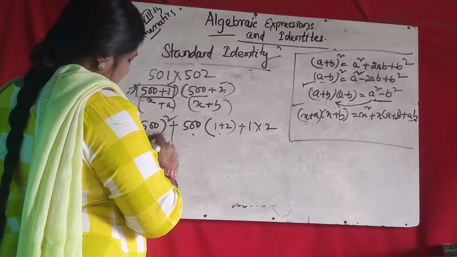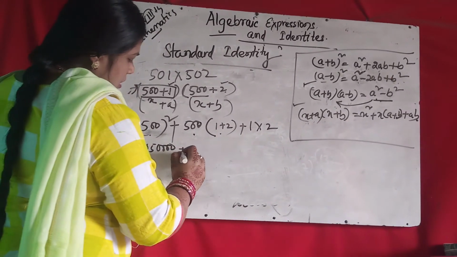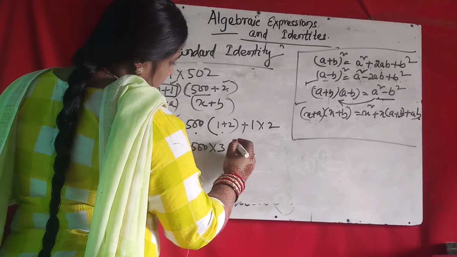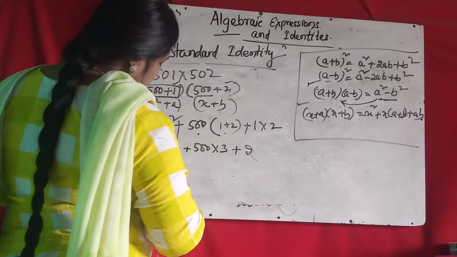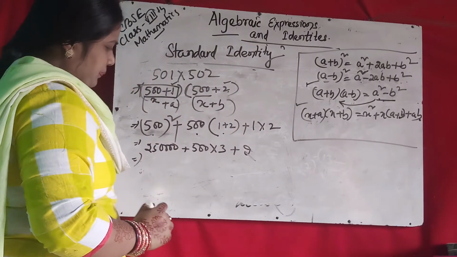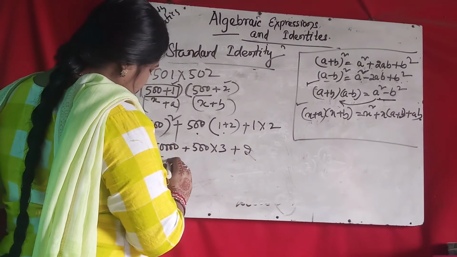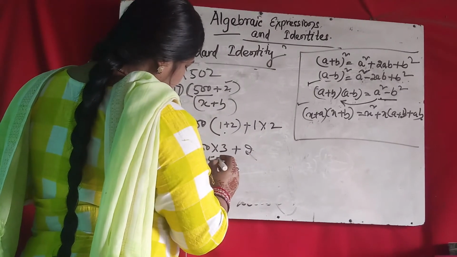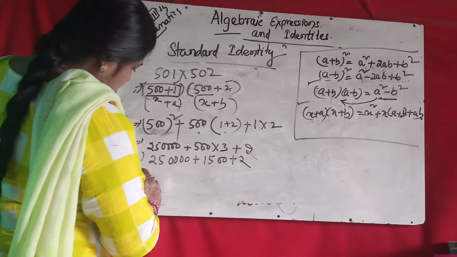Now find: 5 5s are 25, four zeros, plus 500 into 1 plus 2, that is 3, plus 1 into 2, that is 2. So add now: 250000 plus 1500 plus 2.